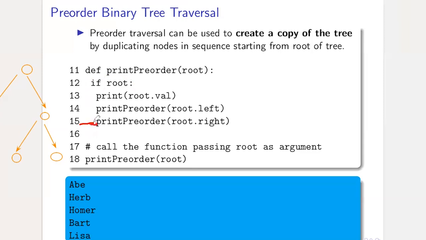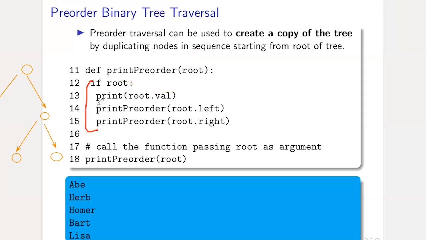Then I will be at this point, and I will call preorder with the right hand side, and again there is no right hand side. It is also null, or the value is none. So I'll come back again here, and it will check it. It is none, so nothing will be done.